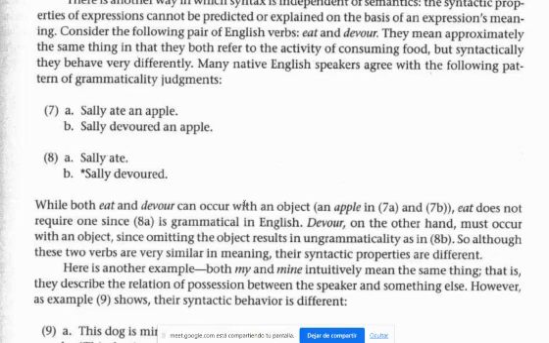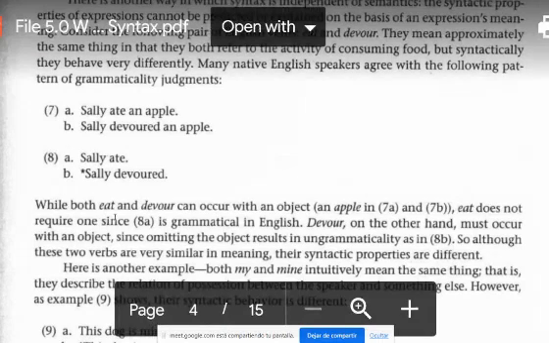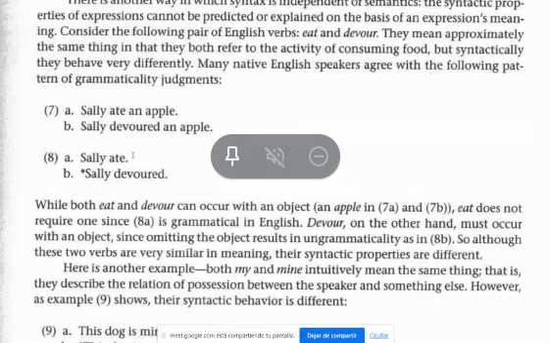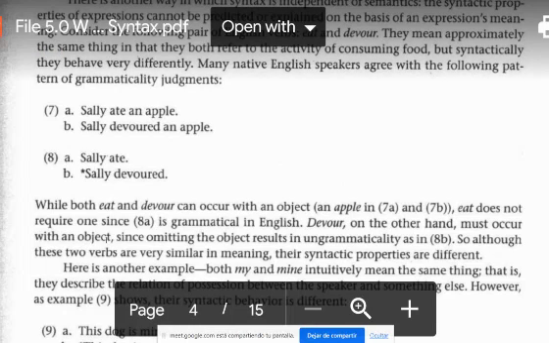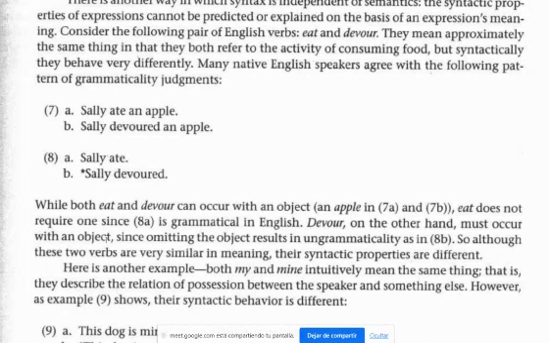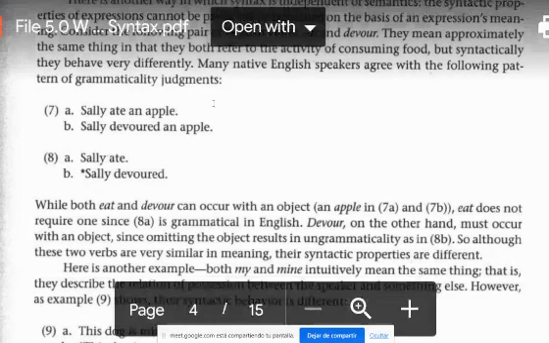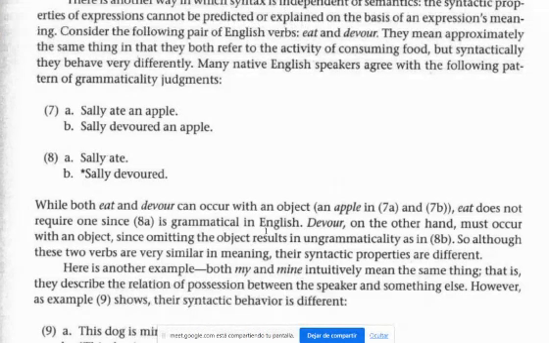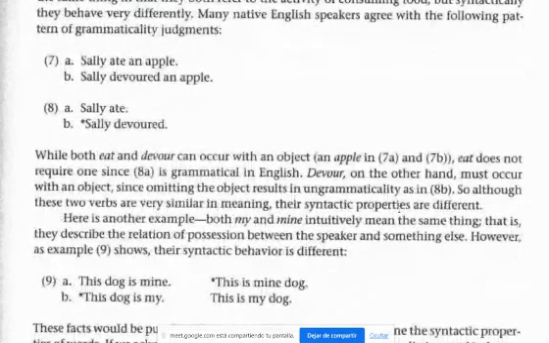While both eat and devour can occur with an object, as in 7a and b, eat does not require one. It can occur without an object. Devour, on the other hand, must occur with an object. If you do not have an object, it's incorrect. So, although these two verbs are very similar in meaning, in syntax they behave totally differently. The syntactic properties, in other words, are different.